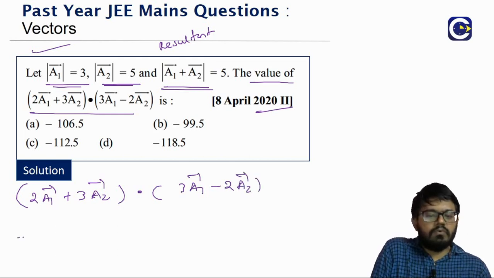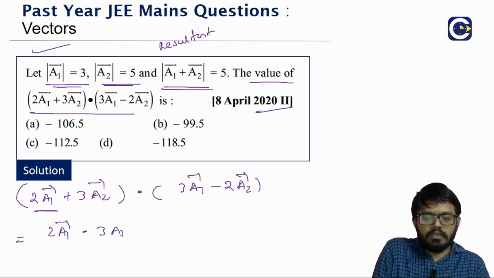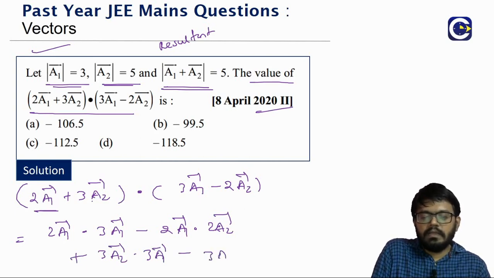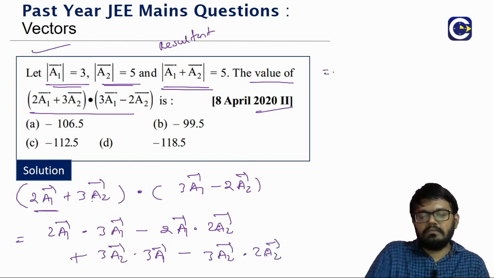When you use the distributive law, 2a1 dot 3a1, minus 2a1 dot 2a2, plus 3a2 dot 3a1, minus 3a2 dot 2a2. So this is what we will be having.